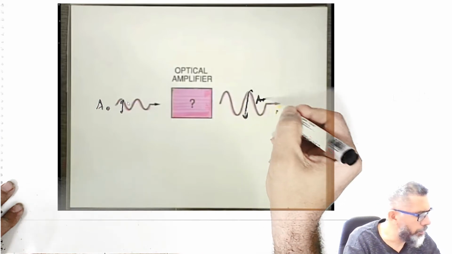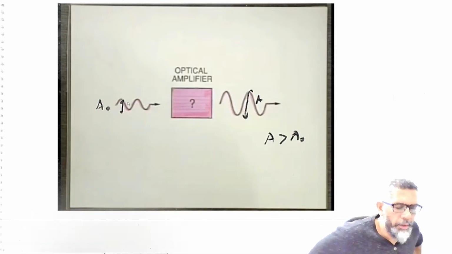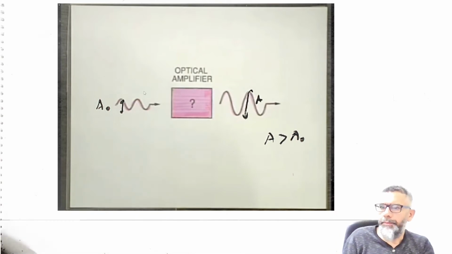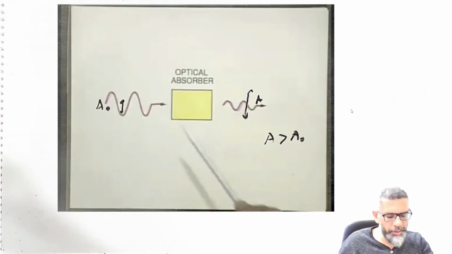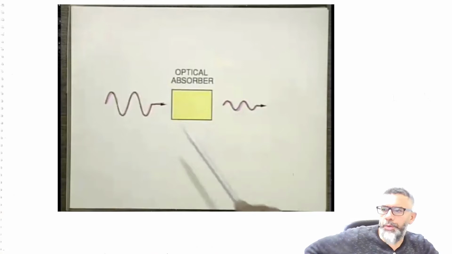Okay. So if A is larger than A0, this box is working as an amplifier. Okay. So in detail, we will also discuss what this amplifier does. But let me first introduce what an absorber is.